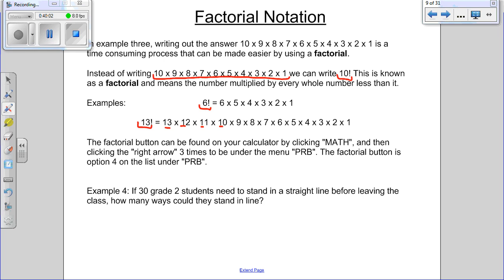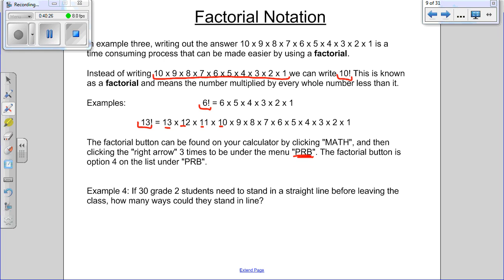All right, example 4. If 30 grade 2 students need to stand in a straight line before leaving class, how many ways could they stand in line? Well, picture it. If you had 30 spots that each kid could stand in, you drew them all out, there's 30 of them, that's a lot. How many kids could stand in that first spot? You could pick from 30.